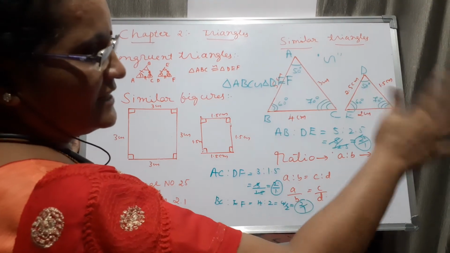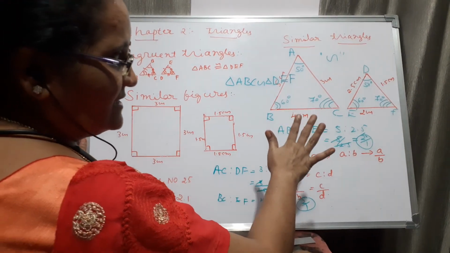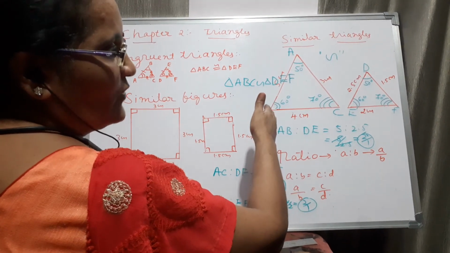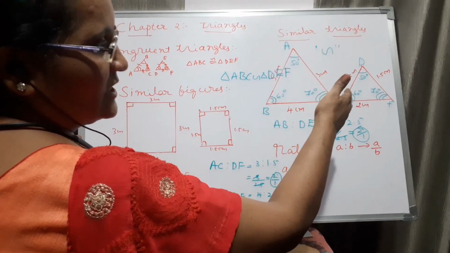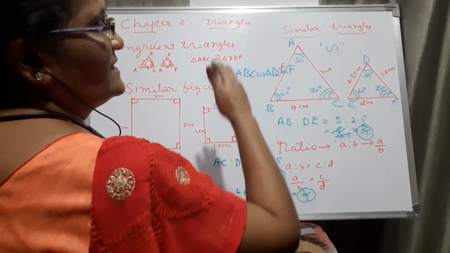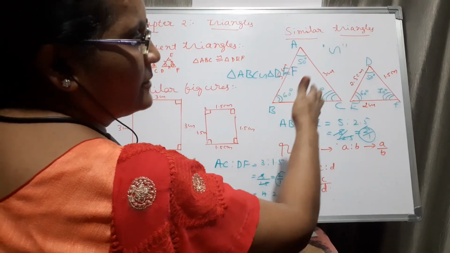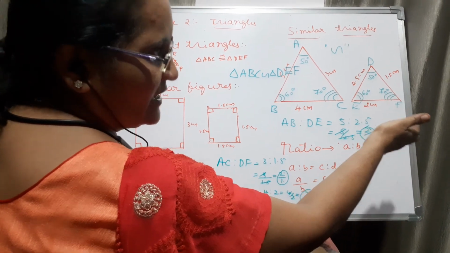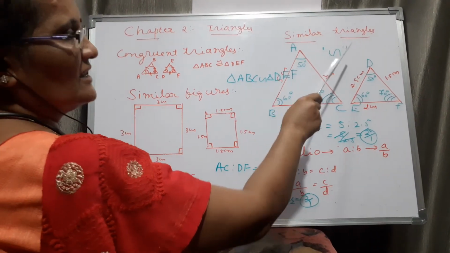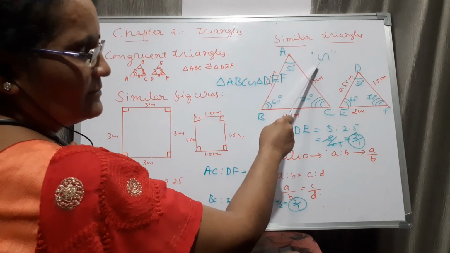But in similar triangles, angles of one triangle are equal to the corresponding angles of another triangle, and sides of one triangle are proportional to the sides of another triangle. Then we say that those two triangles are similar. This is the symbol of similar.